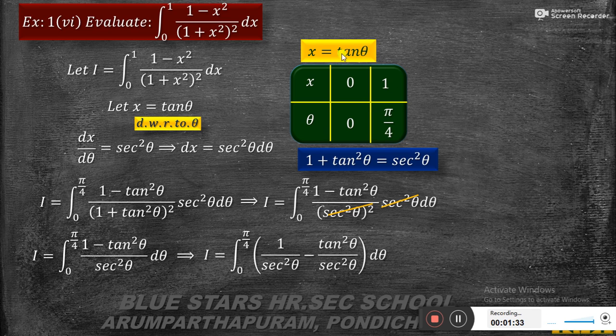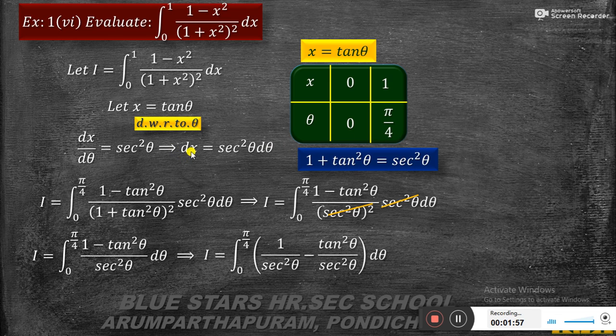Next, x equal to 1: tan inverse 1 means tan inverse of tan pi by 4, so theta equal to pi by 4. So 0 to 1 becomes 0 to pi by 4. Also, 1 plus tan square theta equals secant square theta.